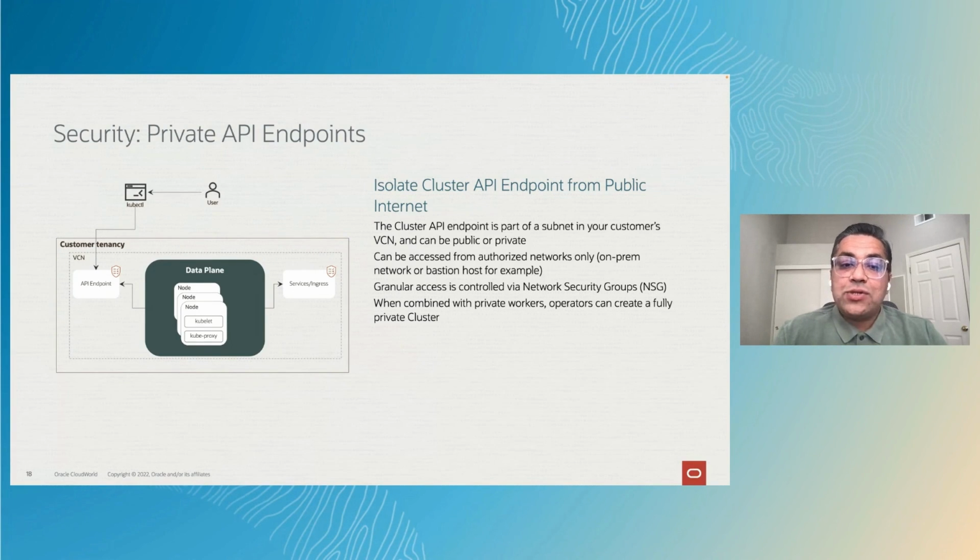Then you can also use regular VCN routing and firewall rules like network security groups to control access to the Kubernetes API endpoint and make it accessible only from a corporate network, via a Bastion host, or maybe via specific SaaS services in Oracle.